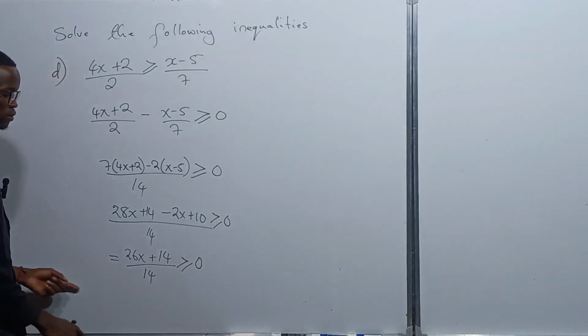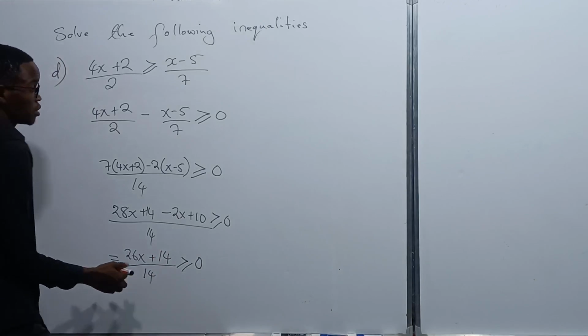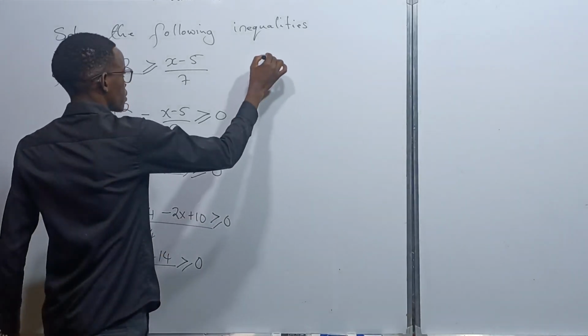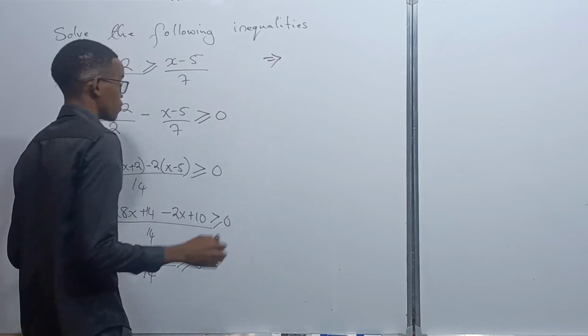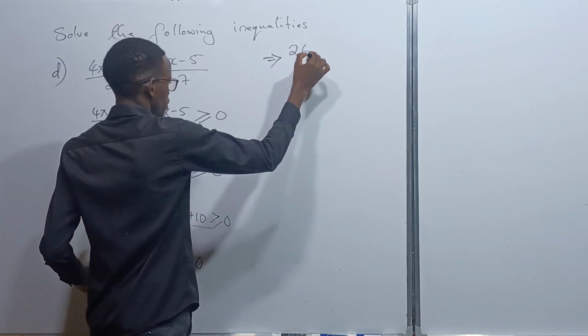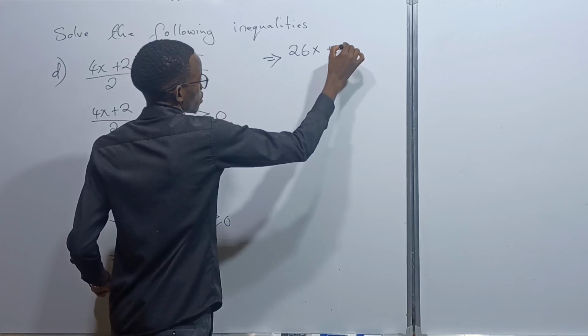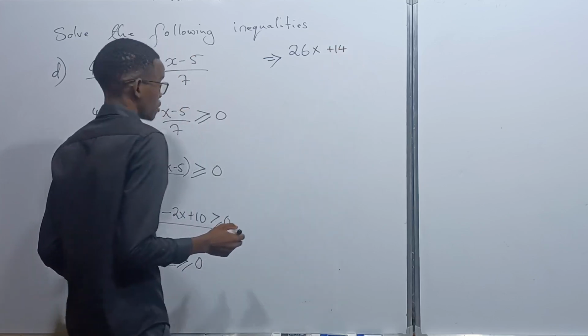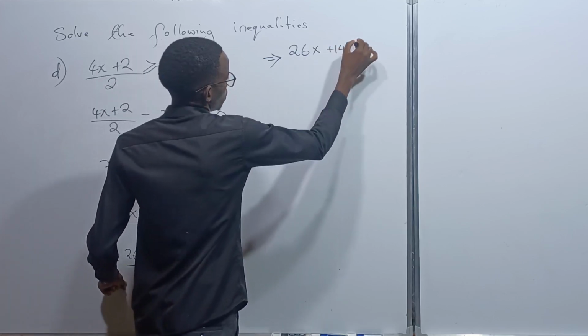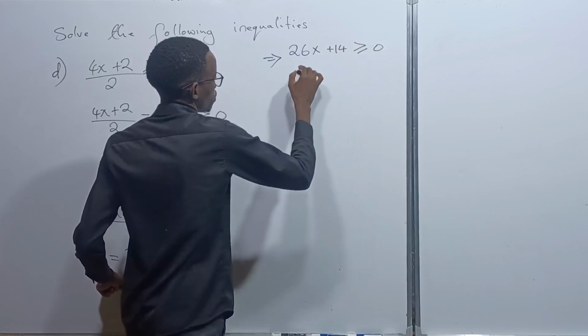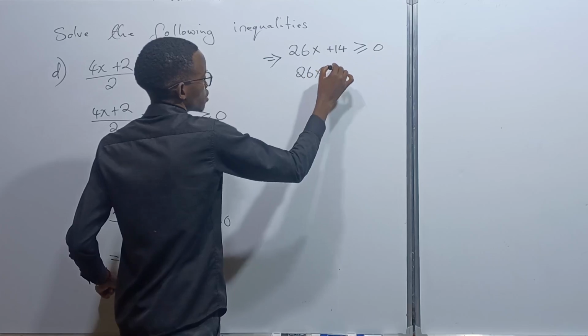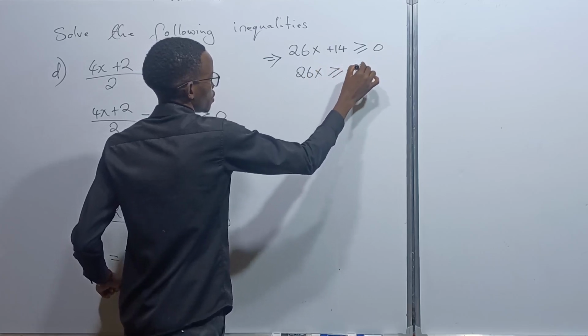So at this stage, let's proceed from there. We have 26x plus 14 will be greater than or equal to 0. So we have 26x greater than or equal to negative 14.